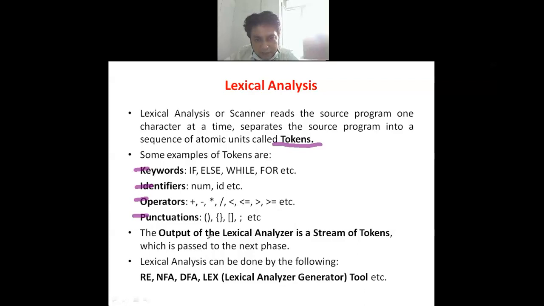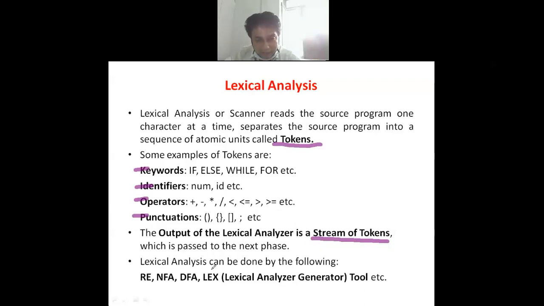The output of the lexical analyzer is a stream of tokens. We already saw it in our example. From the lexical analyzer, we get the stream of tokens like ID1, ID2, and ID3, which is passed to the next phase, that is the syntax analyzer.